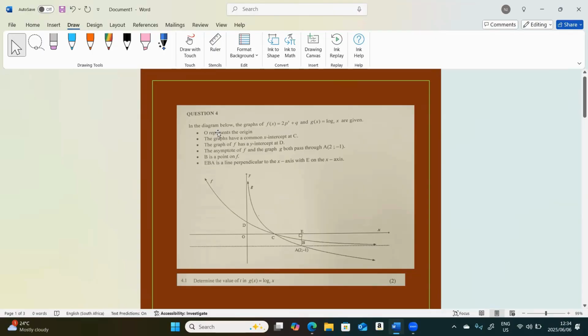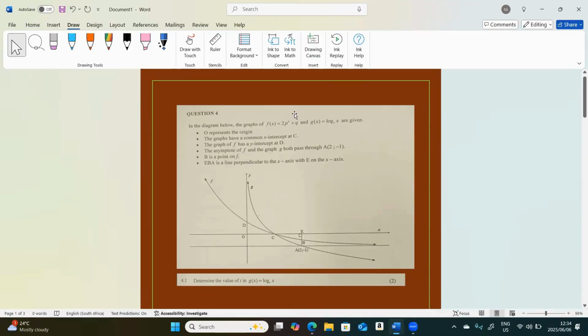They say in the diagram below, the graphs of fx equals 2p to the power of x plus q and gx equals log x to the base t are given.